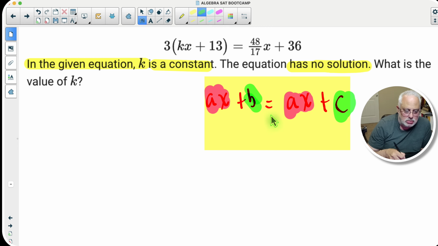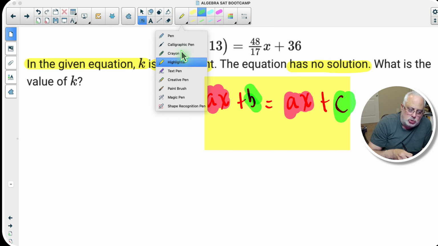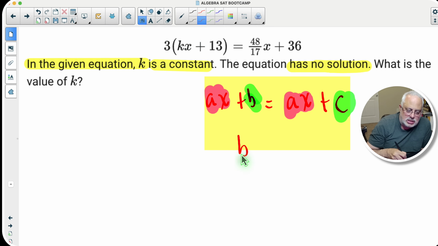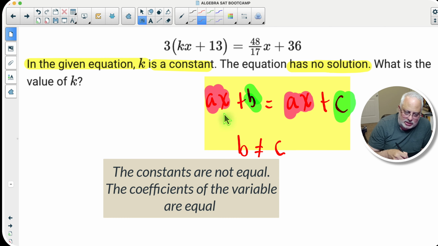So ax, b, and c. B is not equal to c. The rest of the terms are equal. And this is the idea. And we're going to work with that idea.